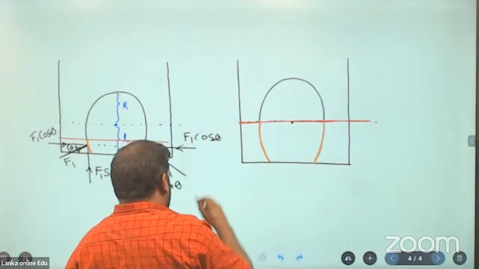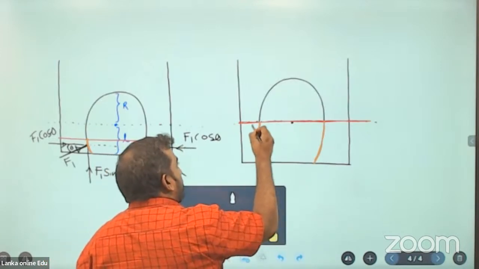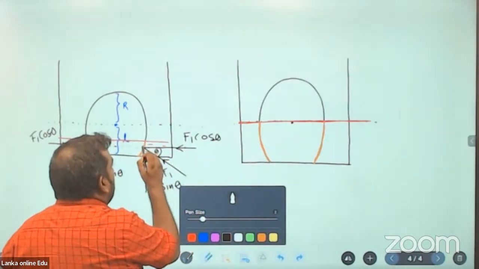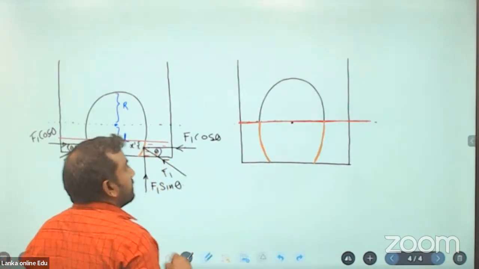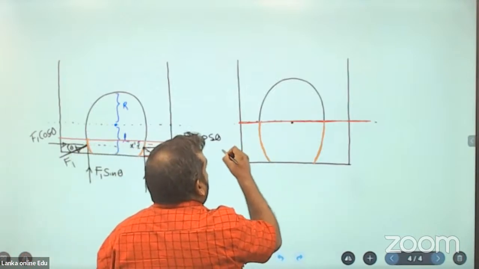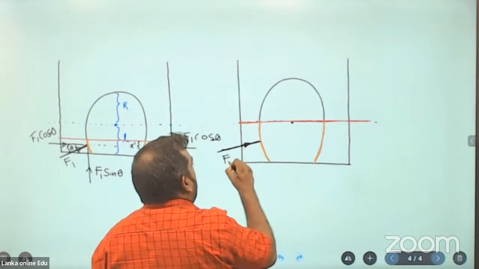Still the curvature, if I mark it clearly, somewhere here now the depth has increased. Here the depth was very small. To this point the depth was very small, let's say x dash. Now somewhere here, perpendicular to the surface, we can find the resultant force F2.